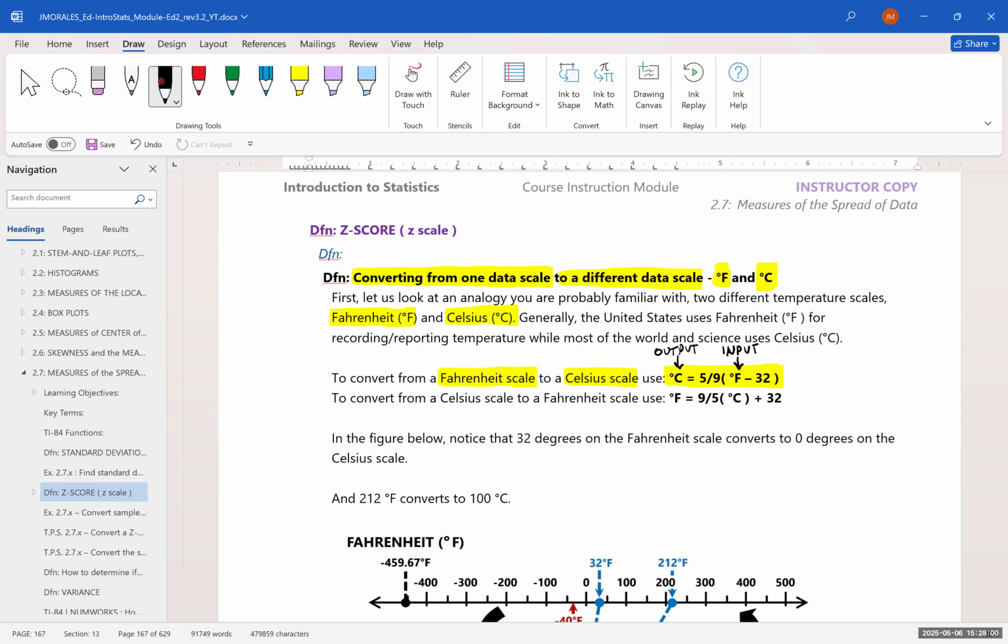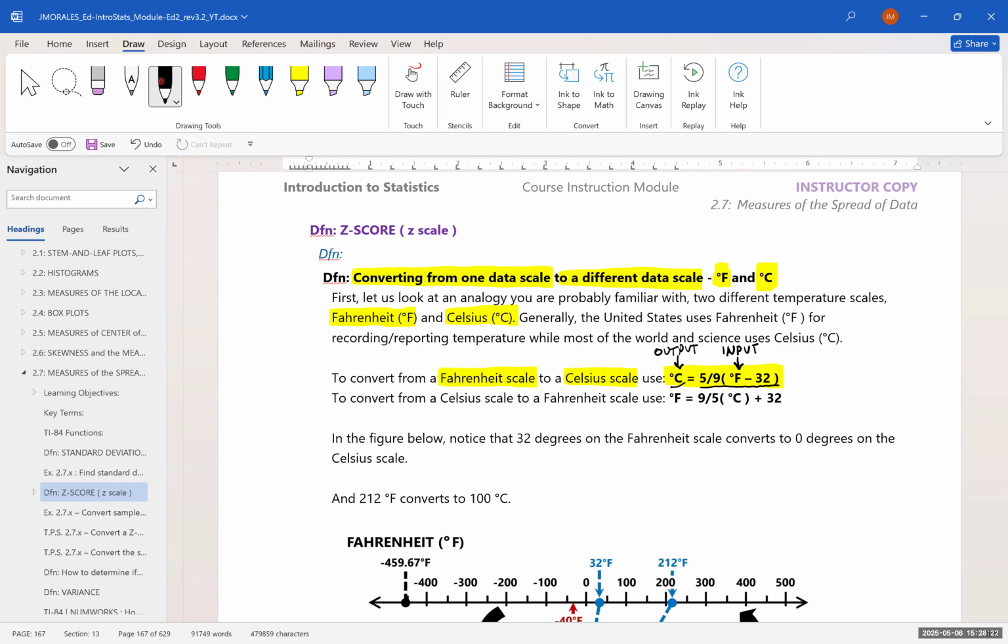If we input degrees Fahrenheit and simplify the expression on the right-hand side, what we'll be left with is the equivalent degrees Celsius. That's how we convert a unit of degrees Fahrenheit into a unit of degrees Celsius.